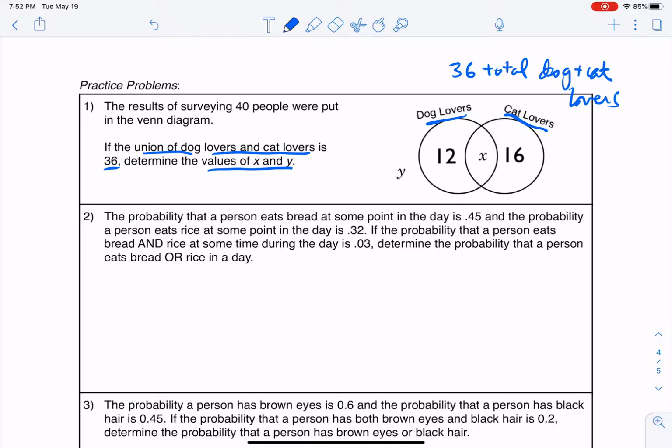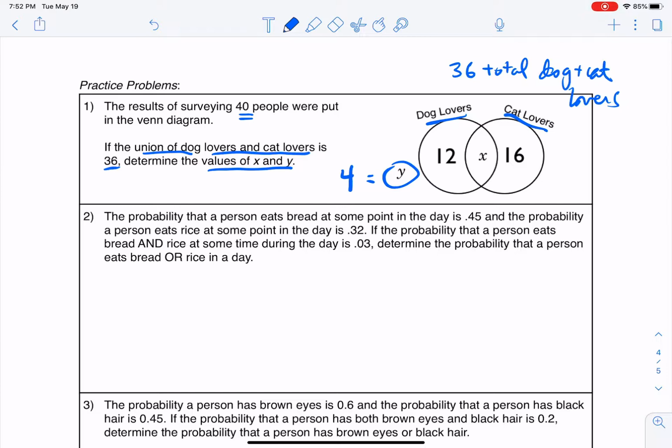I also know that the total people here is 40. So right off the bat, we should see that what's not included in this 36 is 4 people, because in order to get that 40 total in the survey, I would need to add 36 and 4.